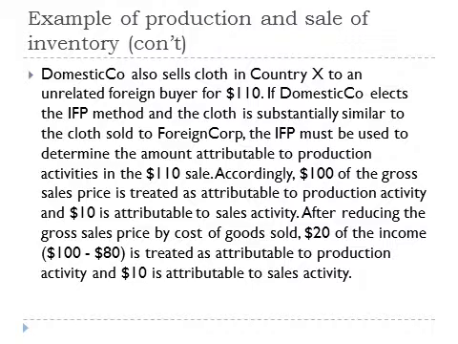Accordingly, $100 of the gross sales price is treated as attributable to production activity, and $10 is attributable to sales activity. After reducing the gross sales price by cost of goods sold, $20 of the income is treated as attributable to production activity, and $10 is attributable to sales activity.